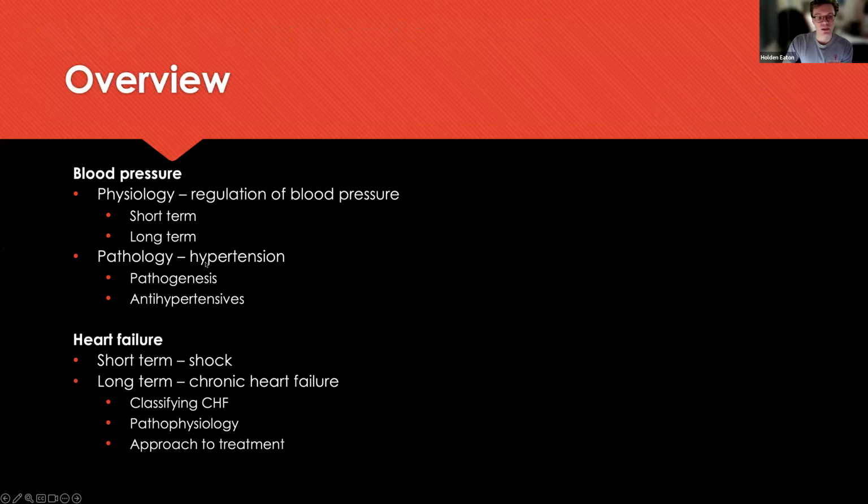The topics of hypertension and heart failure are two pretty big topics in both cardiology and just physiology and pharmacology in general. They take up the majority of your preclinical physiology time, and they also take up a good chunk of your clinical general medicine time, because they're pretty common conditions.